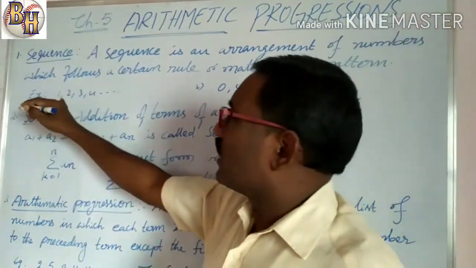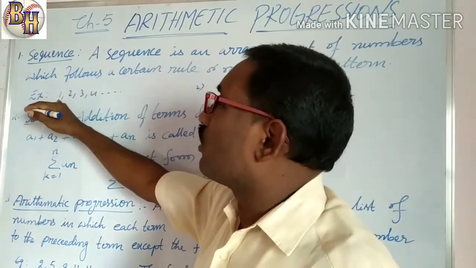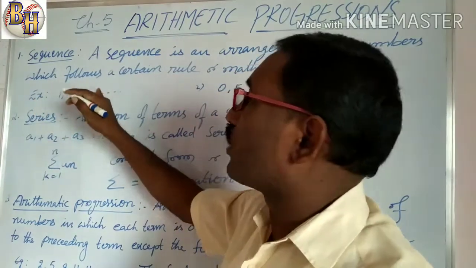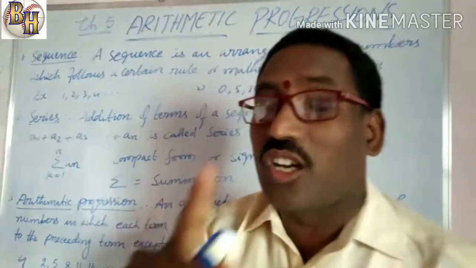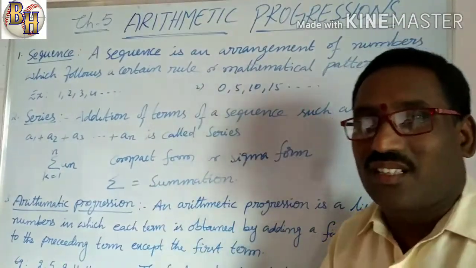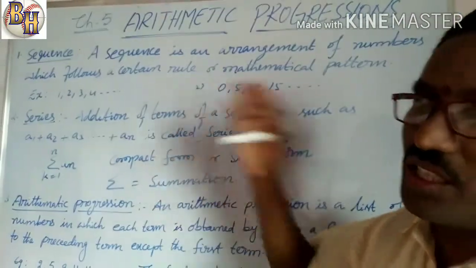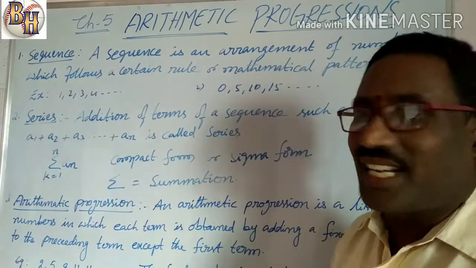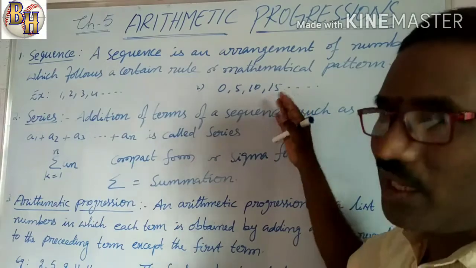Here 1, 2, 3. See, the first number is 1. Next number is 2. So 1 plus 1 is equal to 2, 2 plus 1 is 3, 3 plus 1 is 4. Like that one rule is there: the difference between every two numbers is 1. That is one pattern, so this is one sequence. Another example: 0, next number 5, then plus 5 is 10, 10 plus 5 is 15.